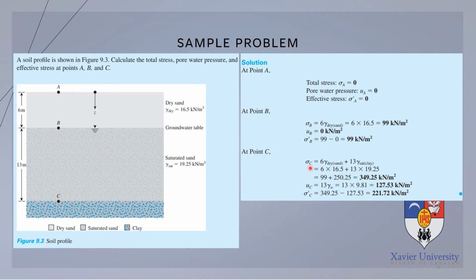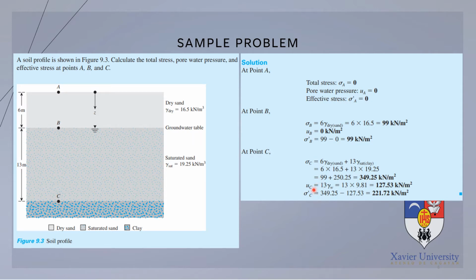For the total stress, we have gamma dry times this H, which is 6, that is 6 times 16.5, plus the pressure caused by this layer, which is the unit weight of this layer times its height, that is 13 times 19.25. So our total stress at point C is the stress caused by the 6-meter layer plus the stress caused by this layer, that is 349.25 kilonewton per square meter.